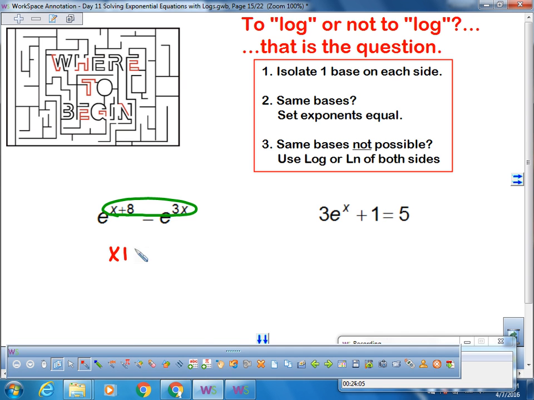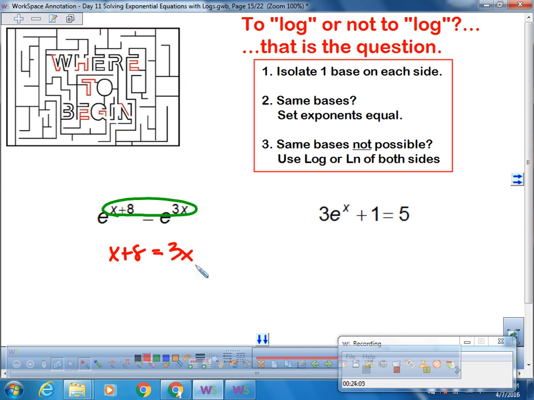So it's x plus 8 equals 3x. What does x equal? All right, let's check. 8 plus 4 is 12. 3 times 4 is 12. Do they match? Yes, they do.